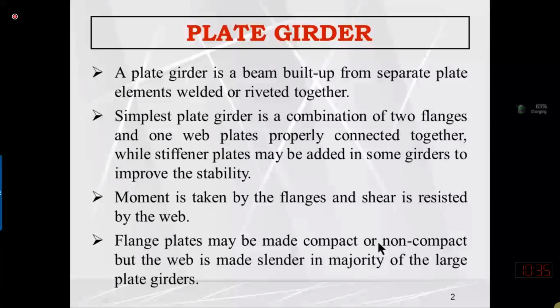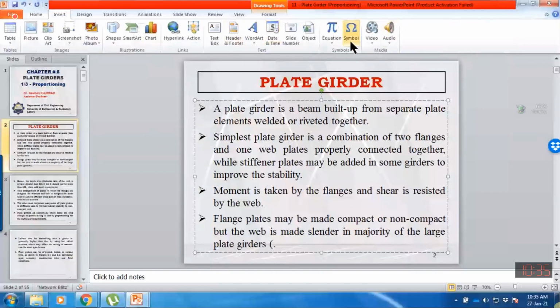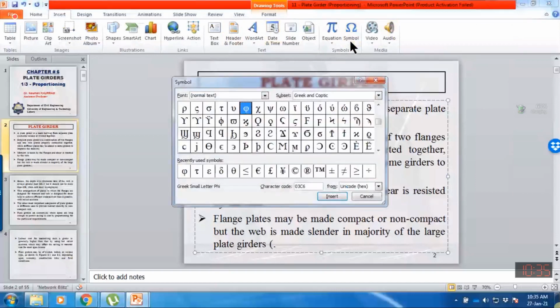If I want to brief and simplify, I can write the lambda value here. The lambda of the beam section or flange will always be less than their corresponding lambda r value.